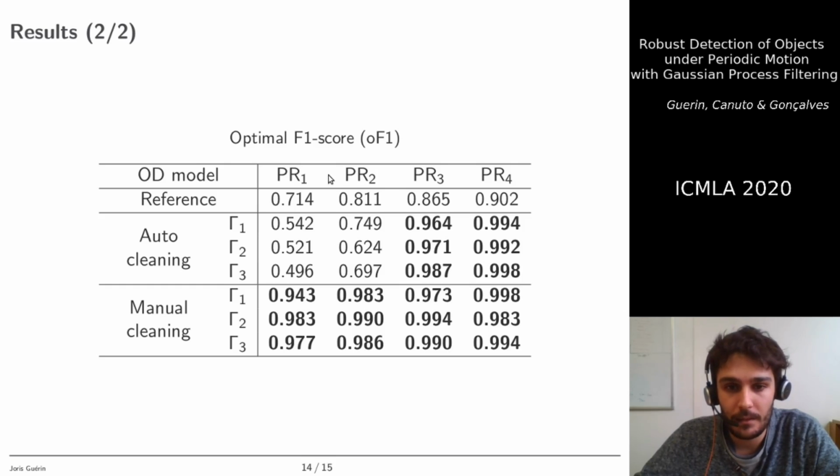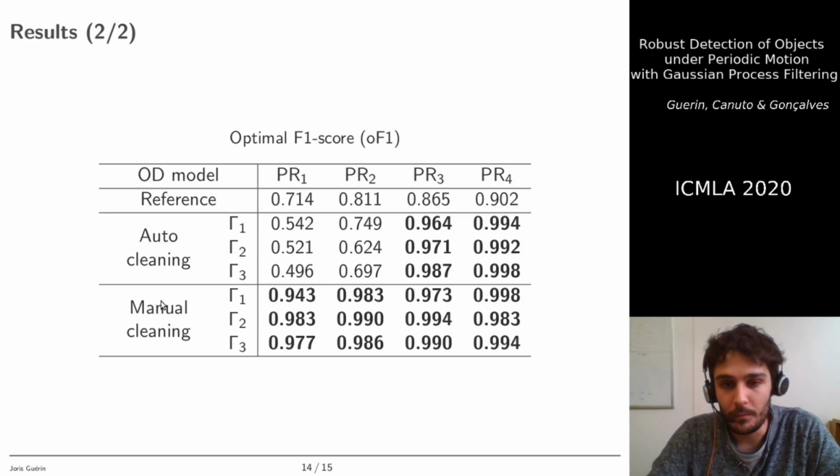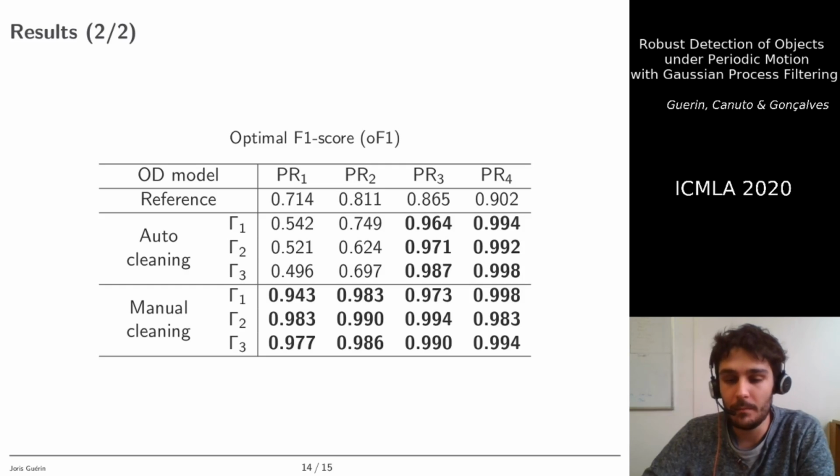What we can see is that it's also the case that we go from a model that's only 70% precise to something that's almost perfect in some cases, even with the bad models. And the same conclusions hold regarding auto cleaning and manual cleaning. There need to be some guarantees about minimum model requirements.